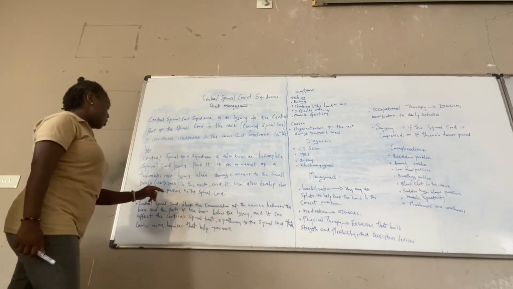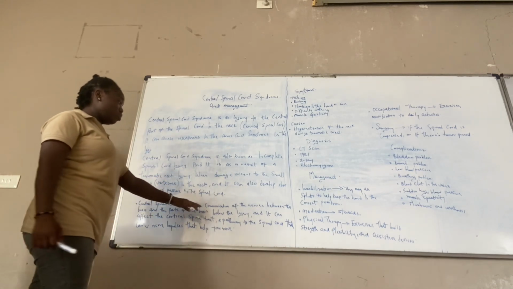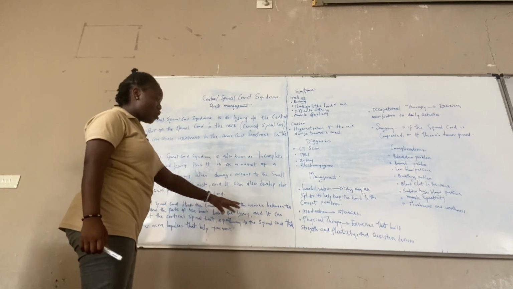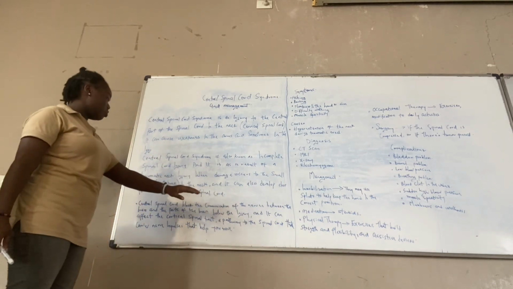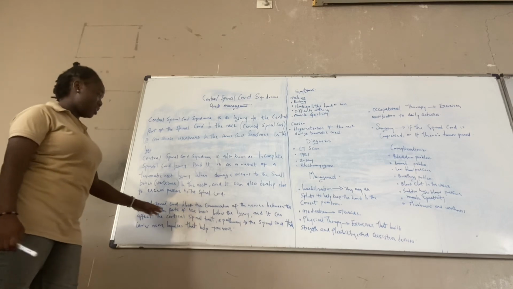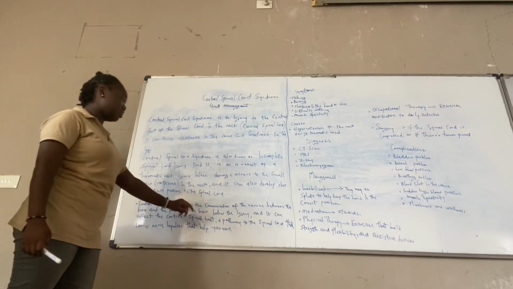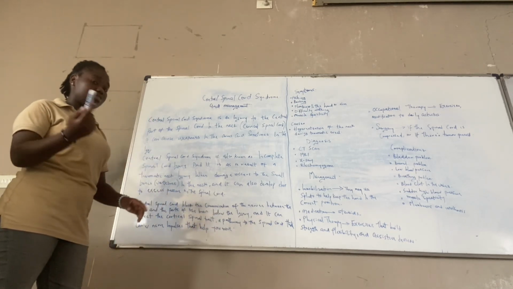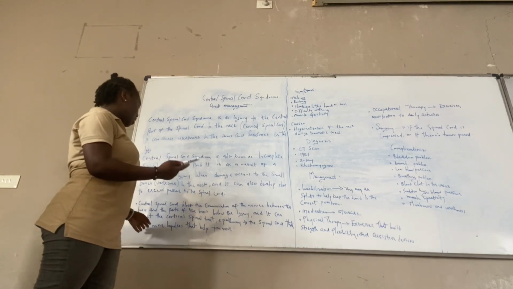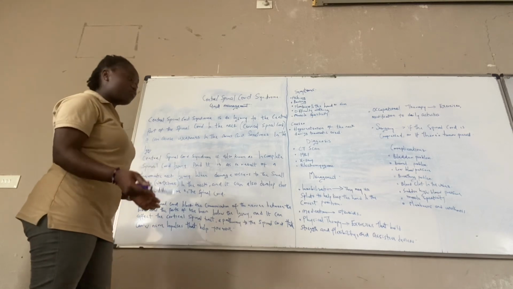This central spinal cord injury blocks the communication of the nerves between the brain and the parts of the body below the injury. It can affect the corticospinal tract, the pathway in the spinal cord that carries nerve impulses to help you move.